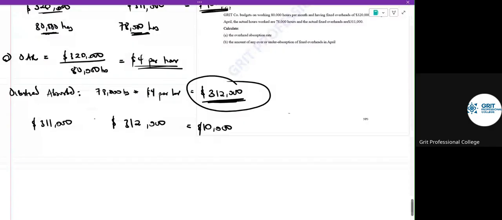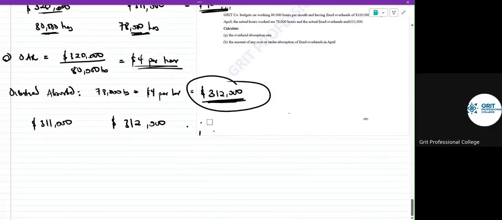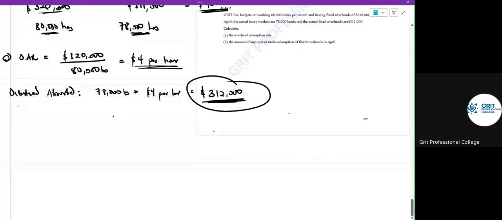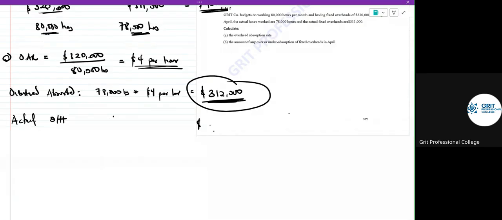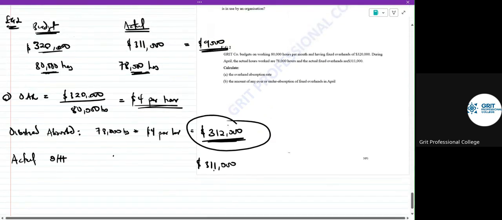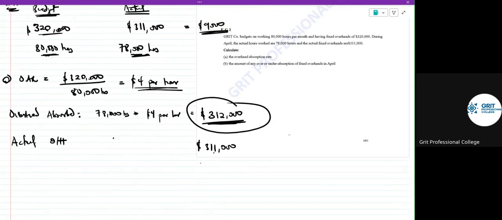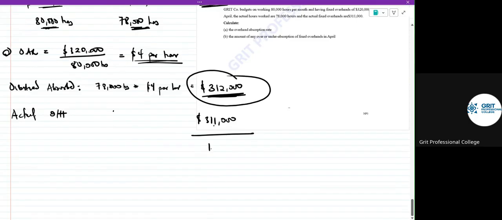Let me just do it this way. So we have the overhead absorbed. Then I'll bring here my actual overhead incurred, which from the question is $311,000. All right. So the difference being $10,000.